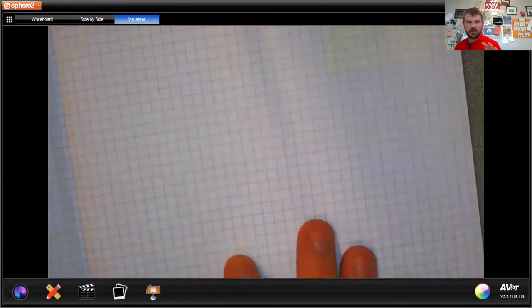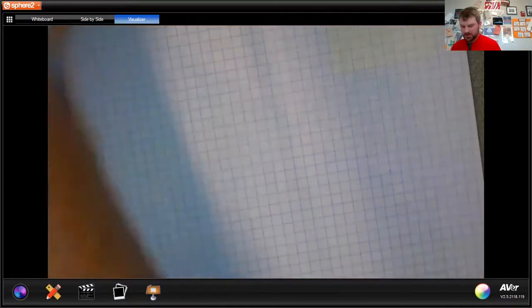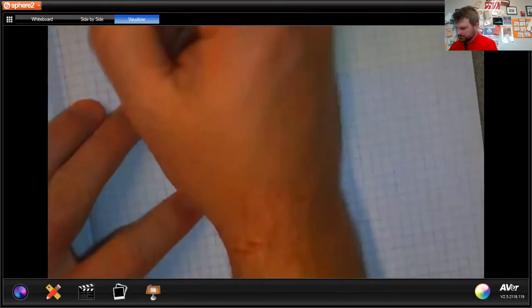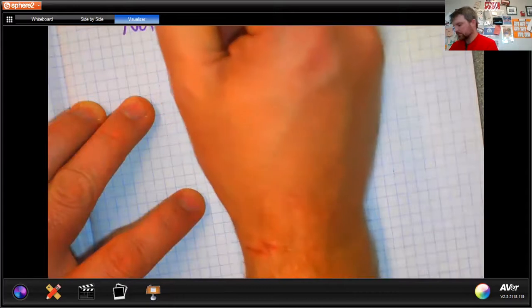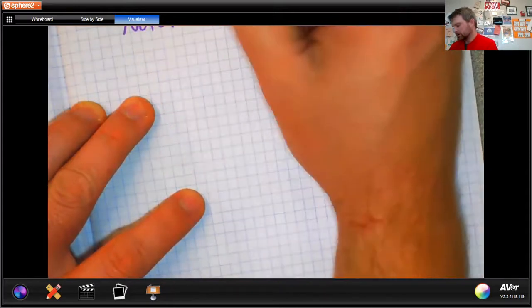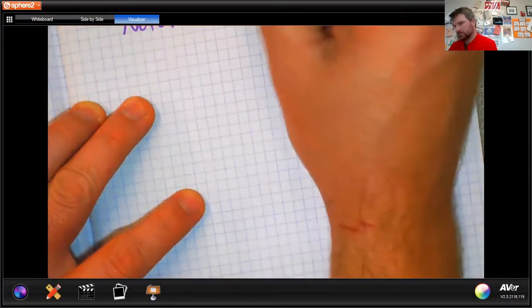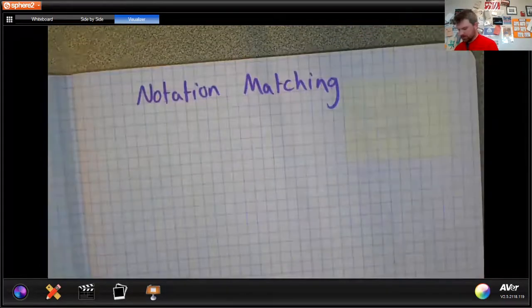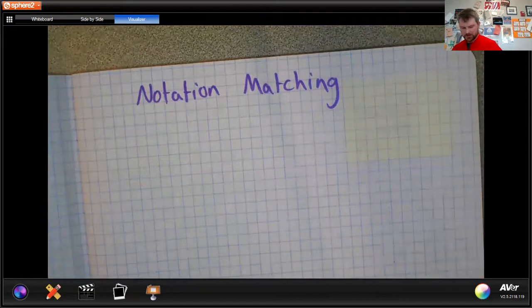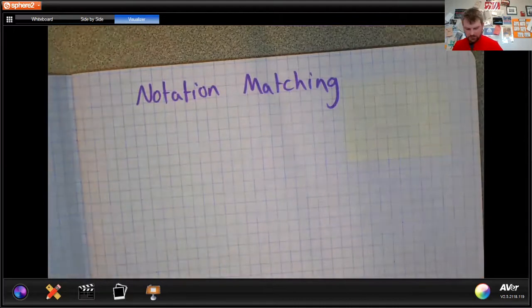Now on page 9, there is an activity below this that will be notation matching. Oh, you can't see that. There you go. So on page 9, we're going to do notation matching, and I'm going to do an example here of how I want you to do this.